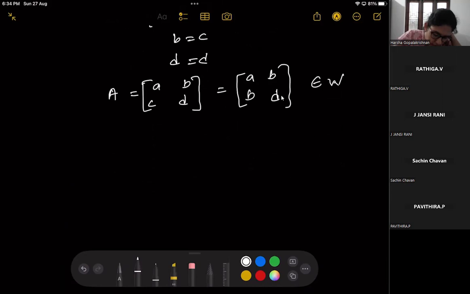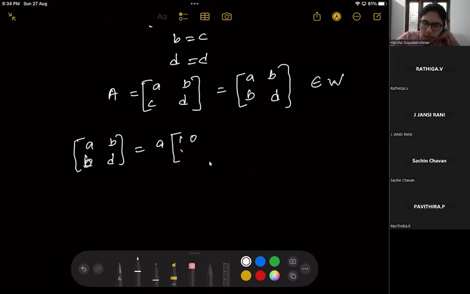So we can write [A B; B D] equals A into [1 0; 0 0] plus B into [0 1; 1 0], because here both places it is B, plus D into [0 0; 0 1].